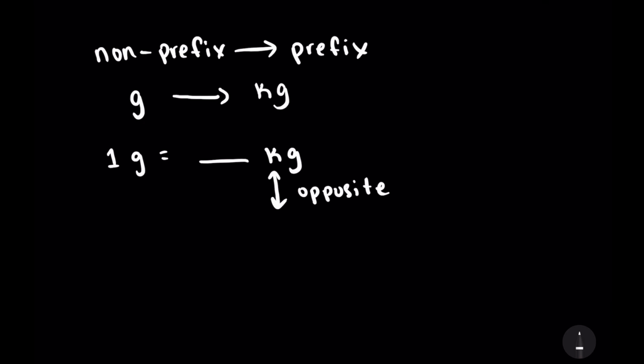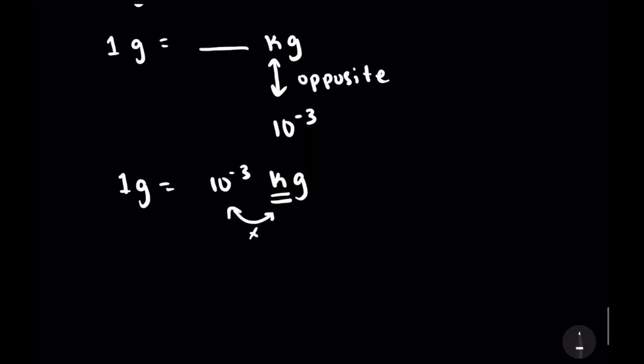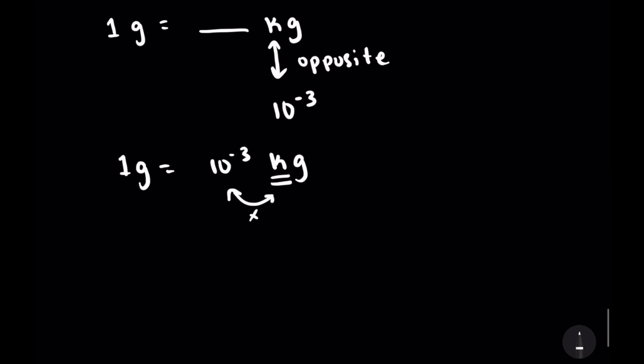In this case, kilogram would be 10 to the 3, the opposite would be 10 to the minus 3, and that is my answer. So 1 gram would be equal to 10 to the minus 3 kilograms. Always remember to write back your kilograms, because it's these in tandem with each other that allow us to have our accurate representation. So that was kind of fast, just to show you another example.